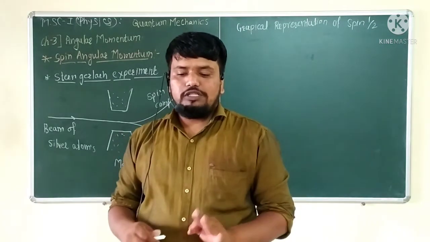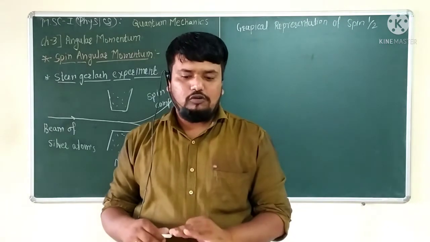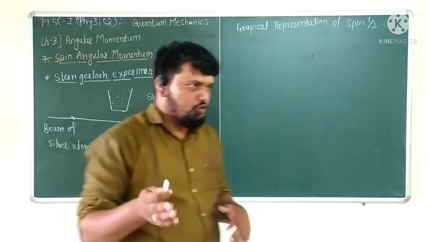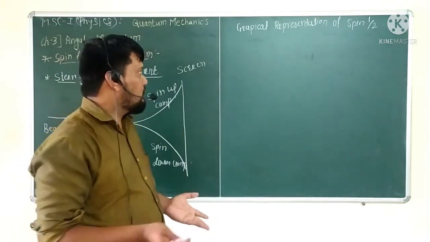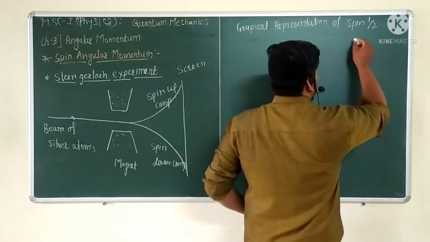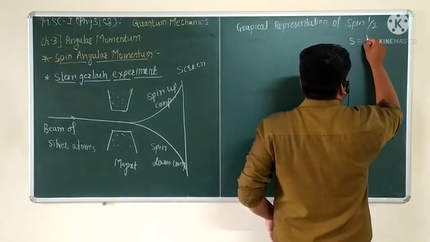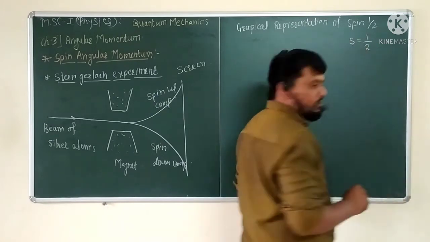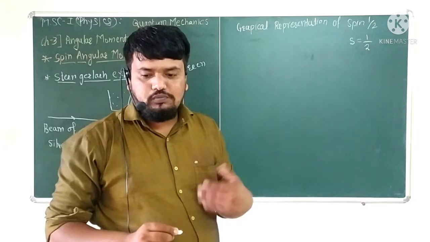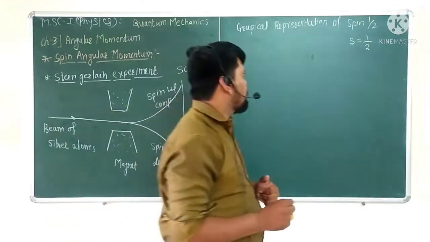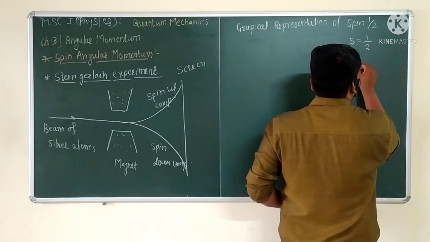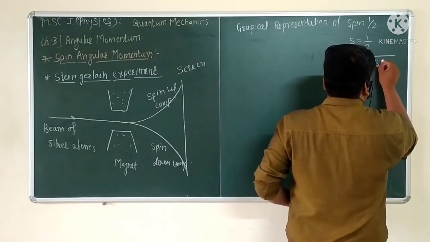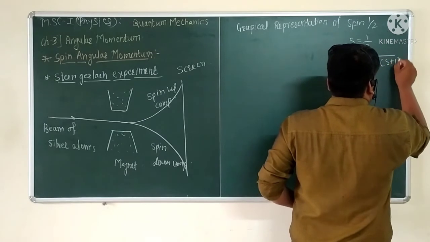The tip of the S bar lies on a circle of radius S bar equal to root 3 h cross by 2. How is it possible? If we consider the spin value S equal to half, the formula is S equal to h cross into root of S into S plus 1.